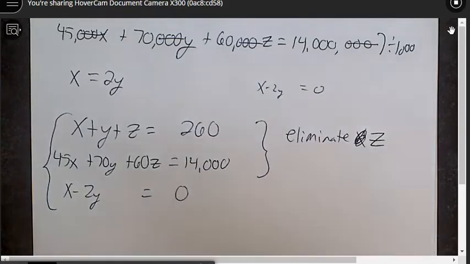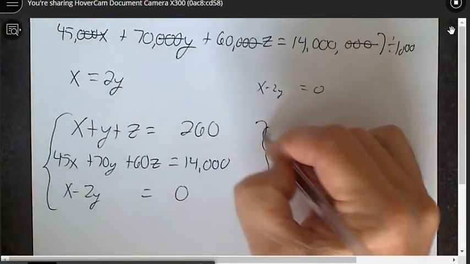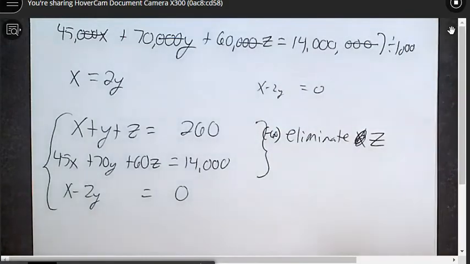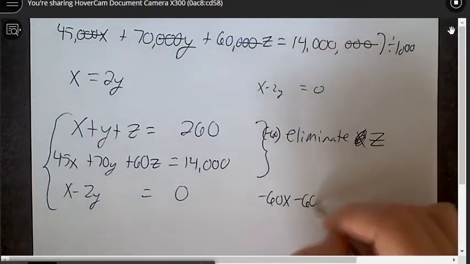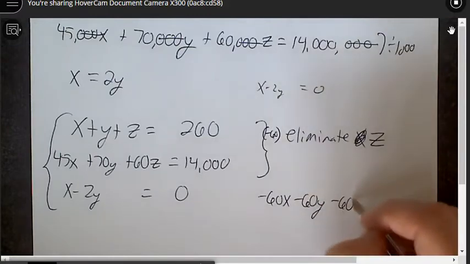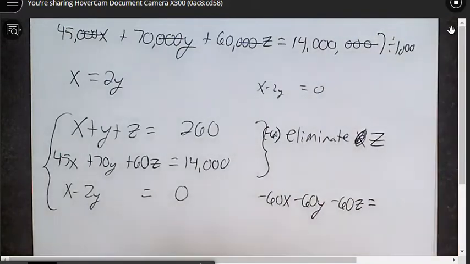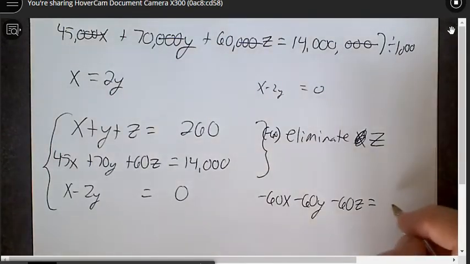Okay, so to eliminate z, we need to multiply this equation by negative 60. So it'd be negative 60x minus 60y minus 60z equals 260 times 60 is, check that real quick, 15,600.